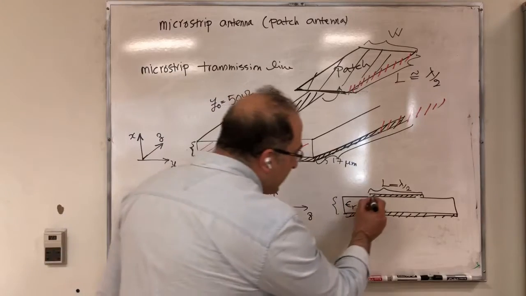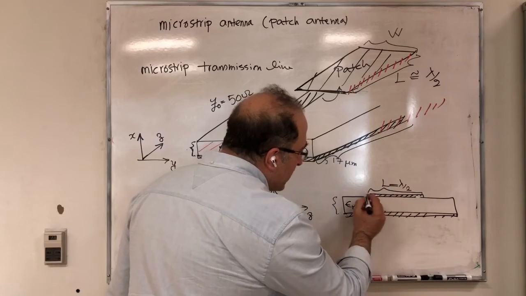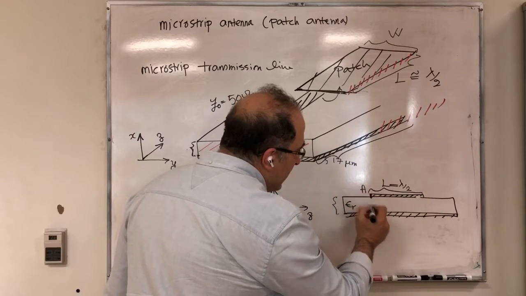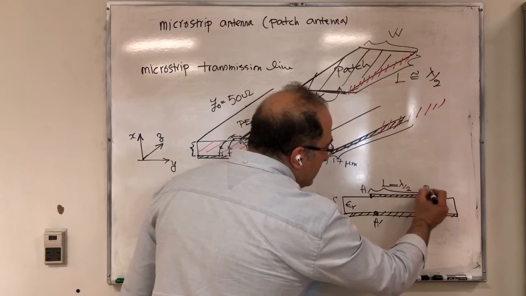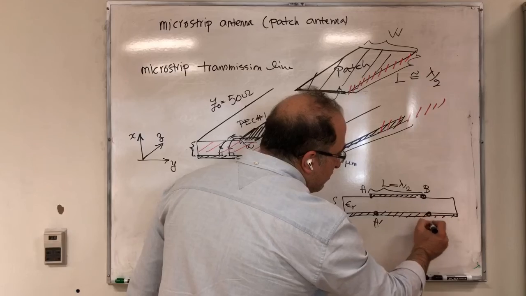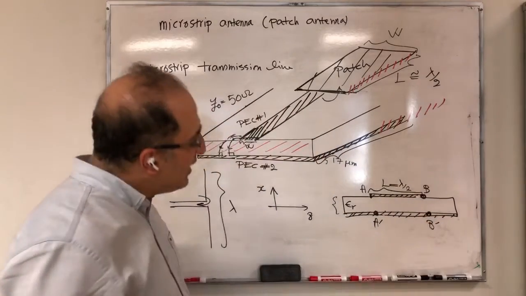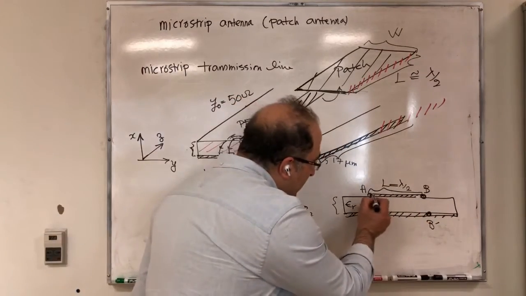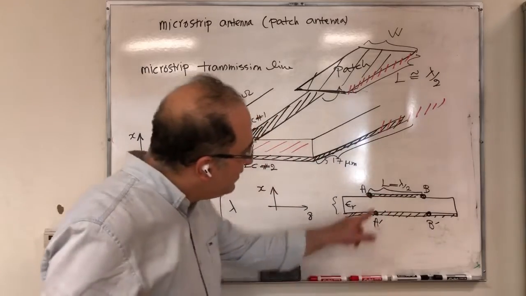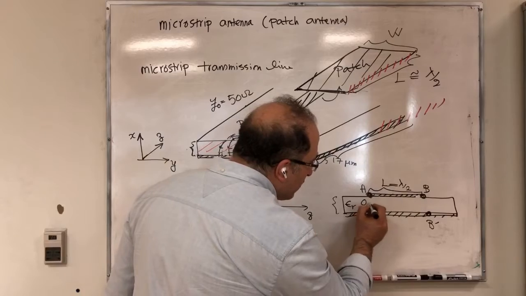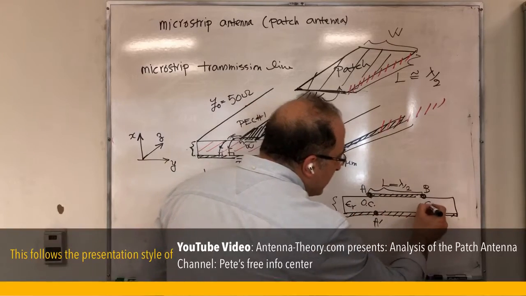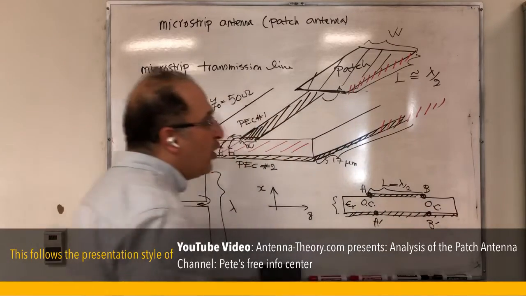And then you look at the end of this transmission line. For example, let's assume this point is A, this point is A prime, this point is B, this point is B prime. If you look at the end of this transmission line, this is essentially open circuit, because these two are not connected together. This is open circuit and this is also open circuit.